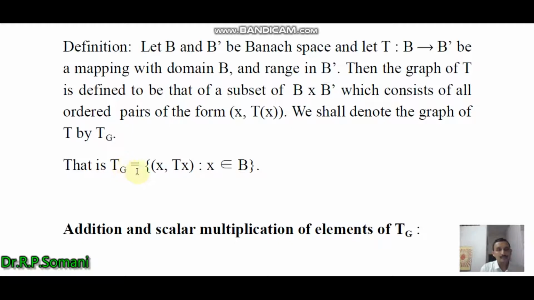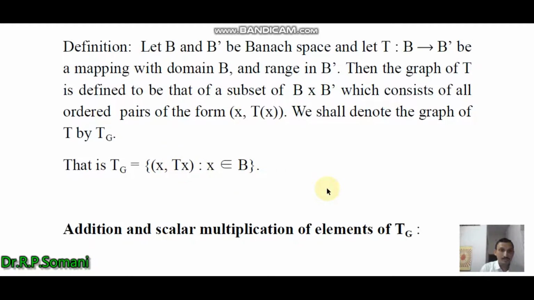That is, Tg equals all the elements (x, Tx) such that x belongs to B. So the graph of the mapping T is a subset of B cross B dash having all such elements (x, Tx).